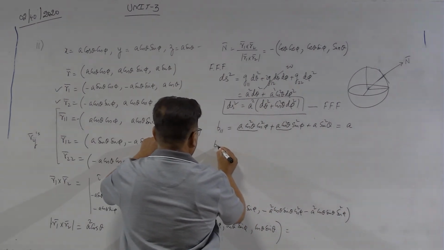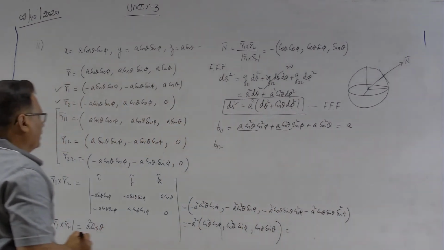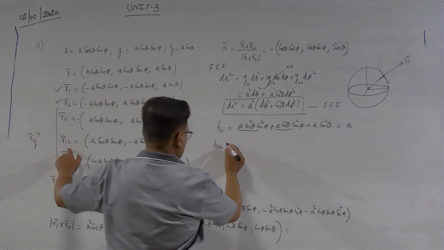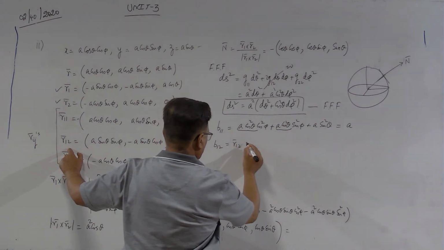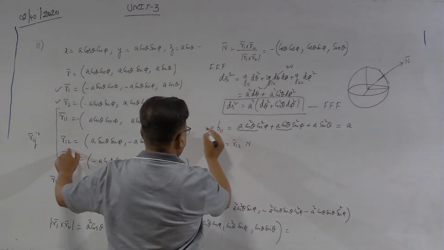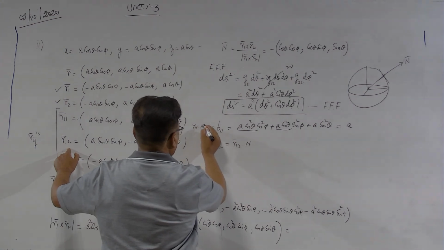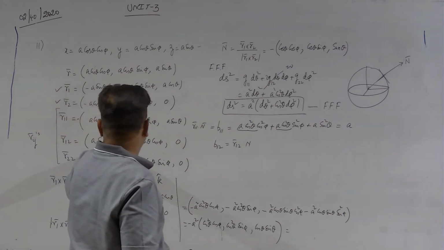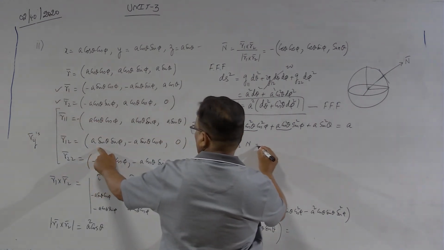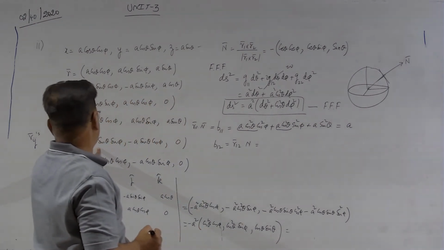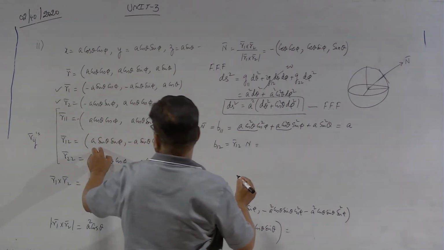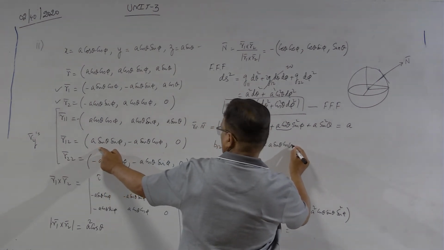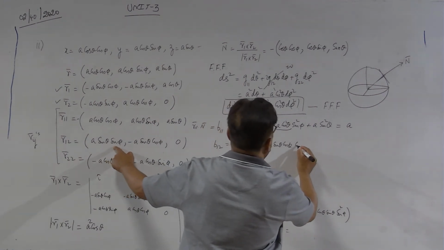Now, look at B12. B12 means R12 dot n. So, that will become, here also you have to take care of minus. So, this is minus A sin theta cos theta sin phi cos phi.